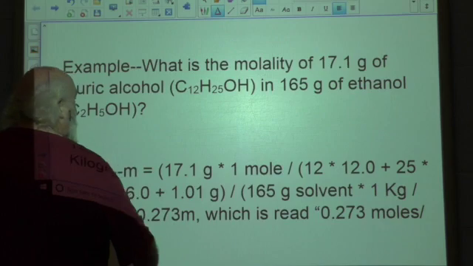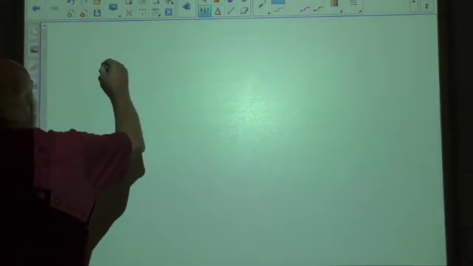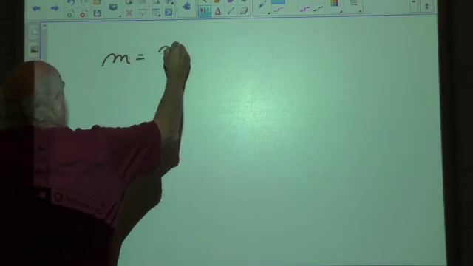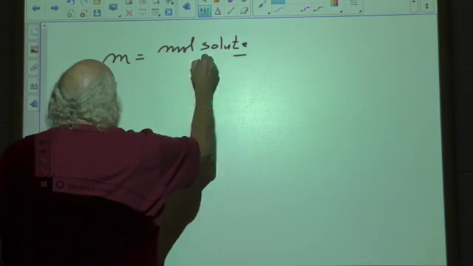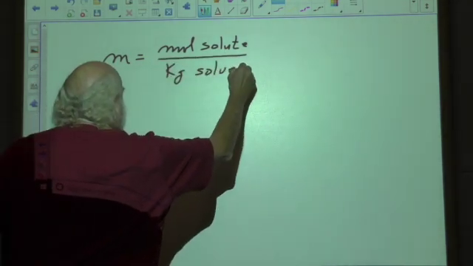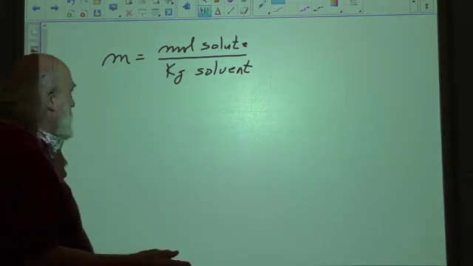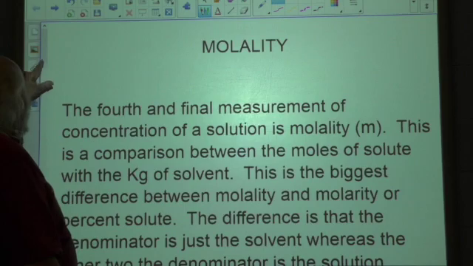So let's put the formula here. M equals moles of solute over kilograms of solvent. That's the formula that's going to be involved here. Let's also write down the information that's given to us in the problem.